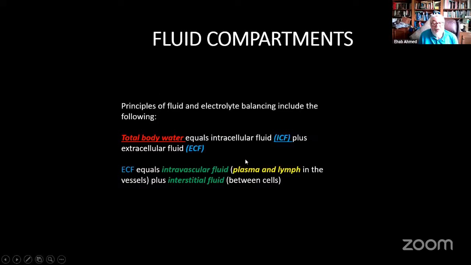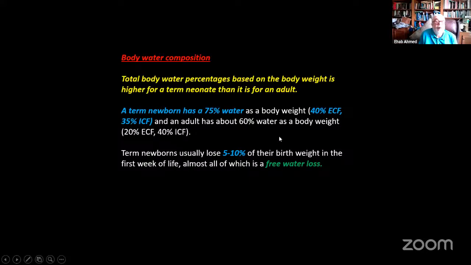And it is either intracellular or extracellular. And the extracellular is either intravascular or interstitial between the cells. And the intravascular is either in the blood vessels, plasma, or in the lymphatic vessels.